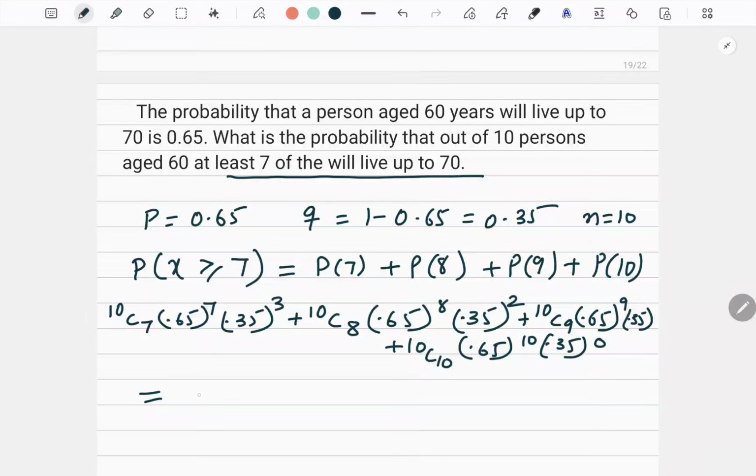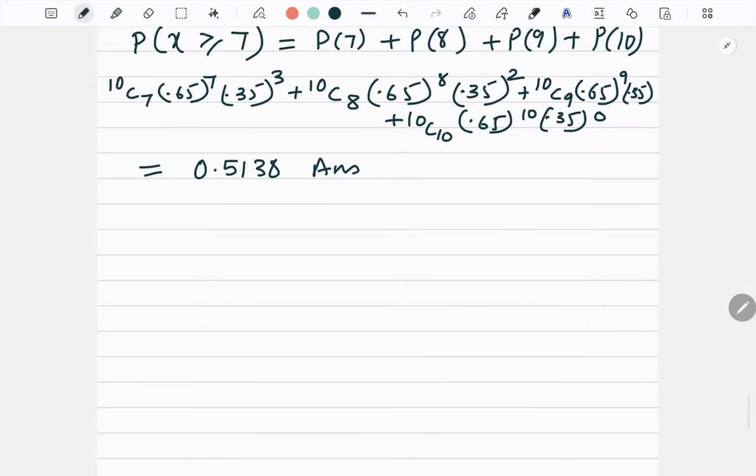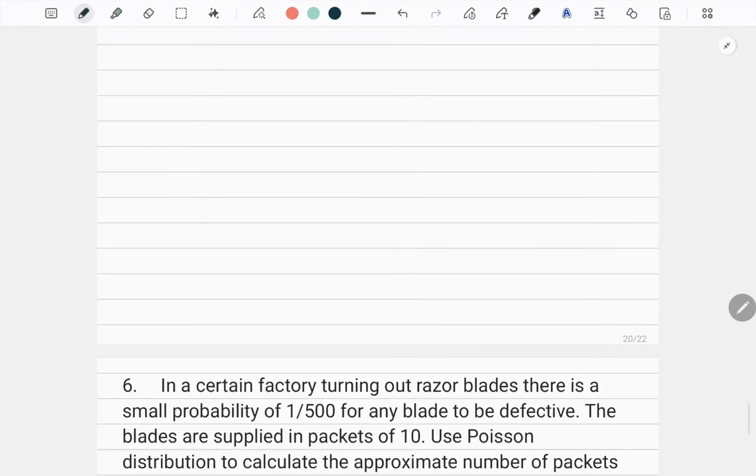Now when you solve this, this will be 0.5138, which is my answer. So this is how you have to do the questions of binomial.